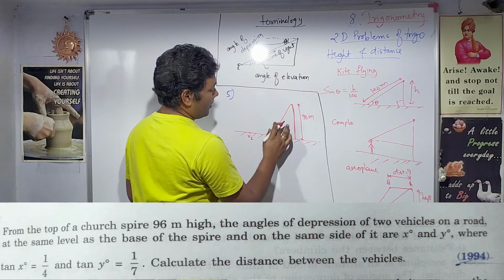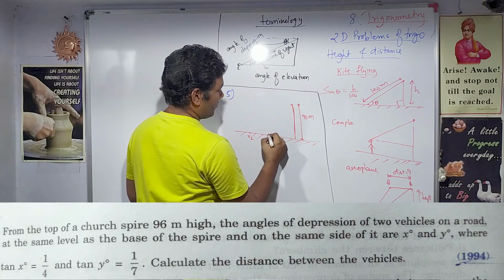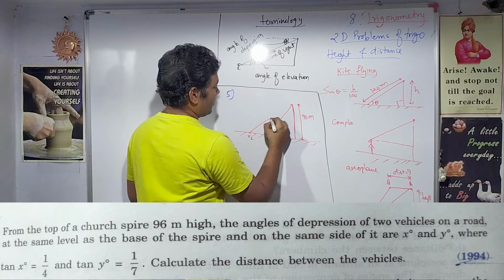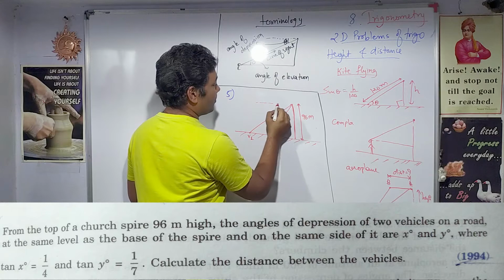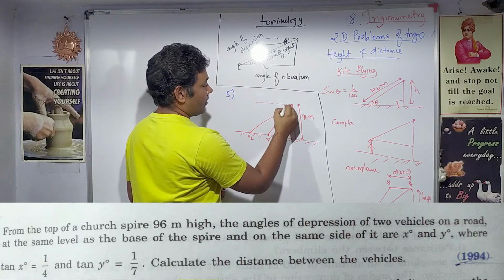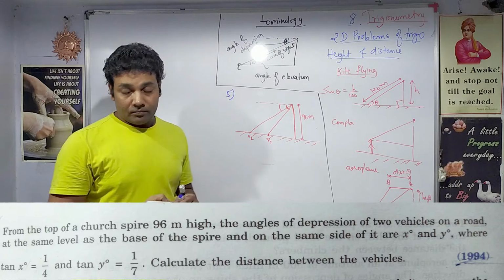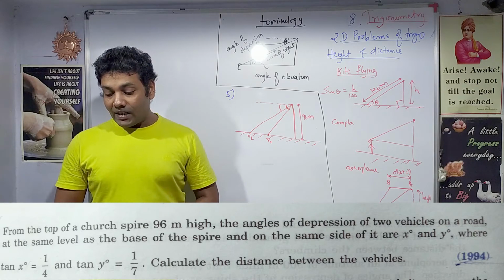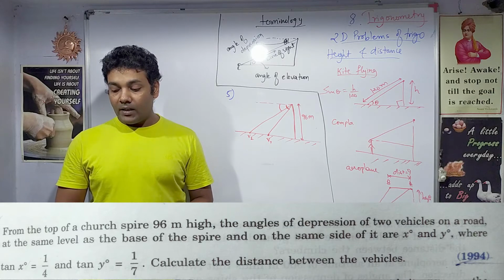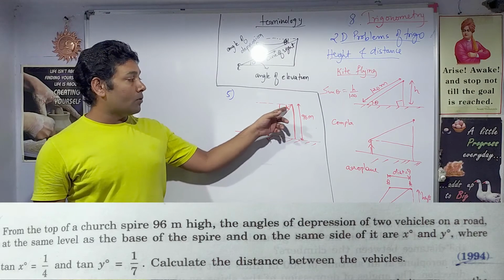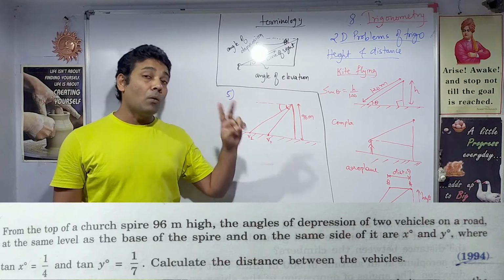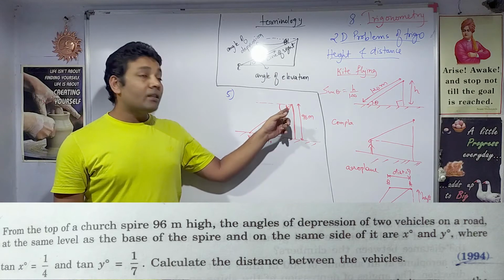So here again to draw depression, this is one angle of depression and this is another angle of depression. They have given that tan x is 1 by 4 and tan y is 1 by 7. Out of both these, one is x and the other is y. Don't hurry in naming the angles.